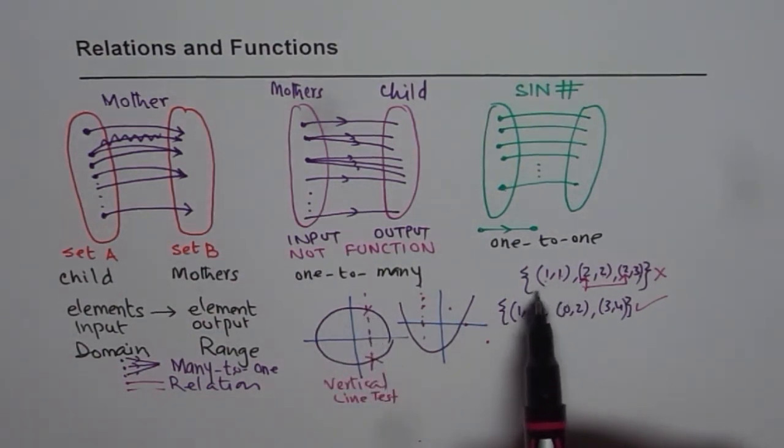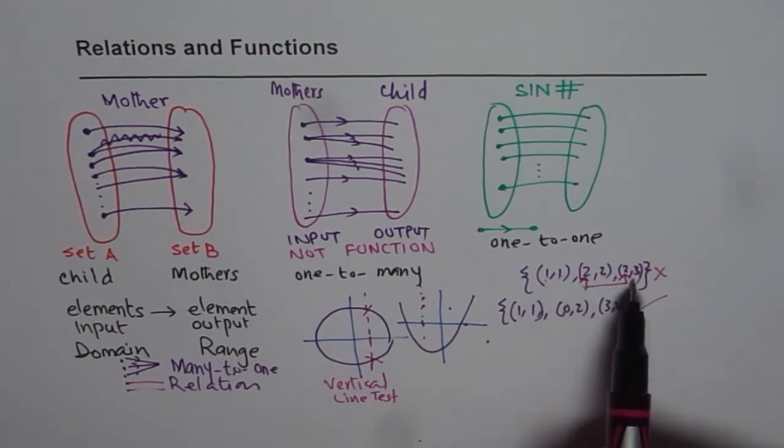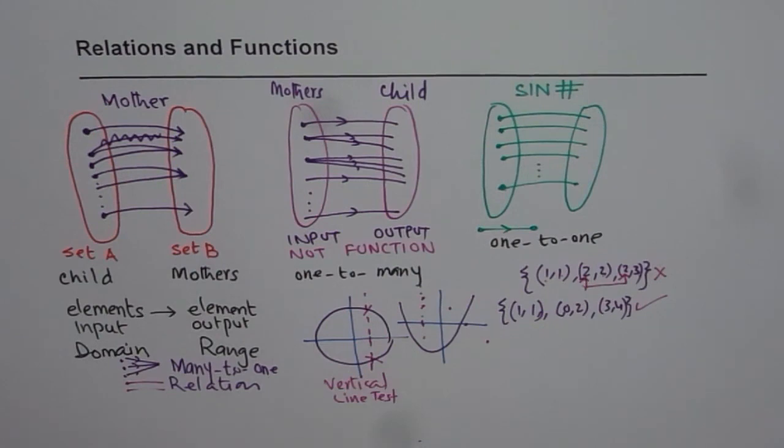When given as a set of ordered pairs, the x values should not repeat. When we're talking about a statement like the relation 'my child', a mother can have many children, so there is ambiguity about which child we are talking about.